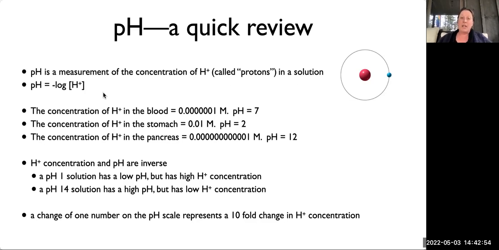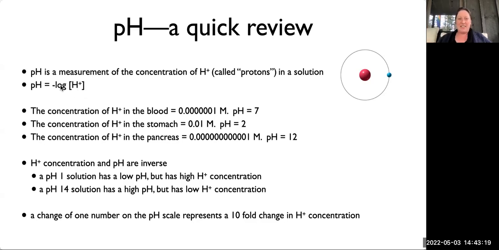Now, the formula for calculating pH is that pH is equal to the negative log, or logarithm, of the concentration of protons. Whenever you see these square brackets with something inside, this means the concentration of whatever is inside those brackets. All right, so concentration of protons, that part makes sense.